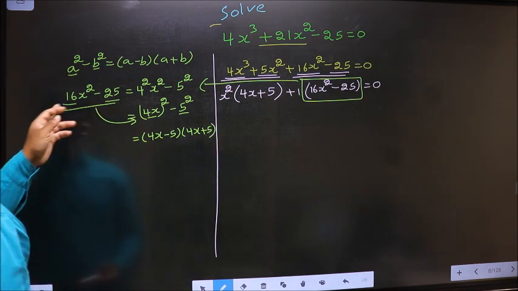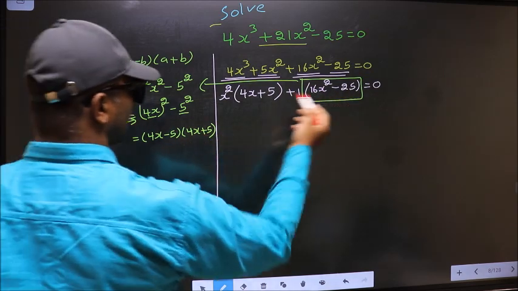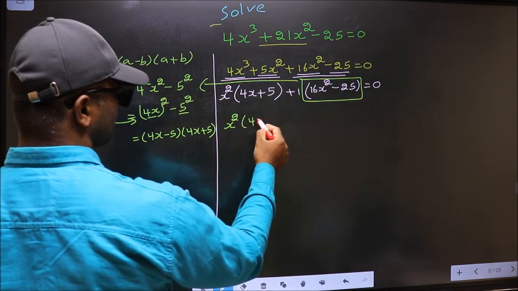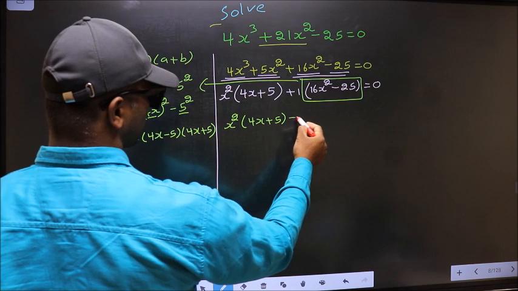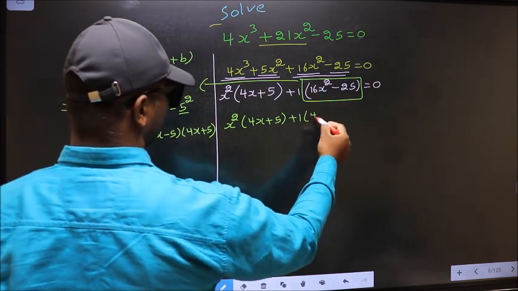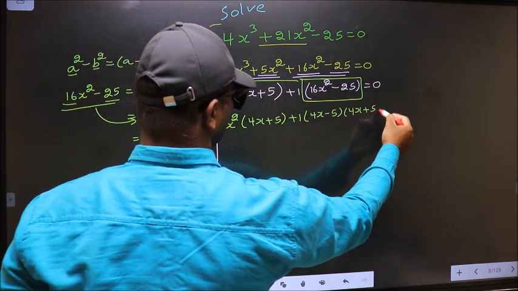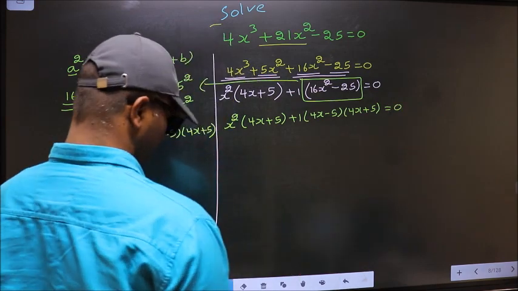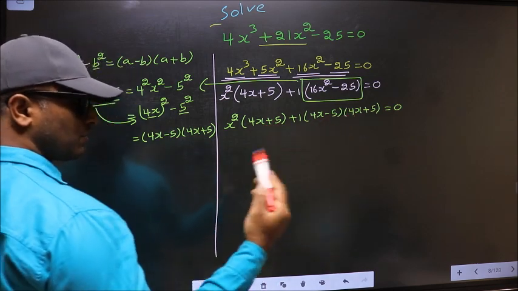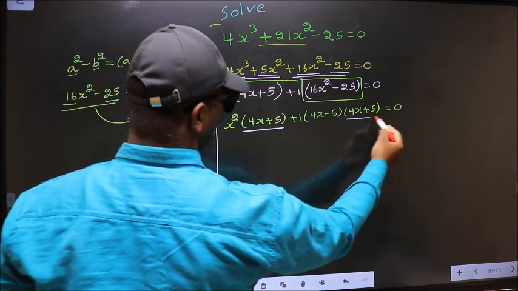So in place of this quadratic, we write this over here. This equation will now become x²(4x + 5) + 1(4x - 5)(4x + 5) = 0. Now from this entire equation, what can be taken out common is (4x + 5).